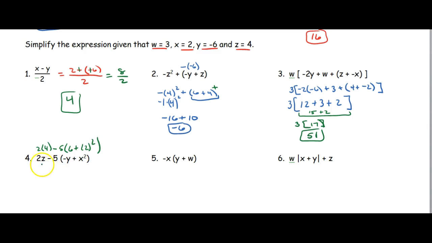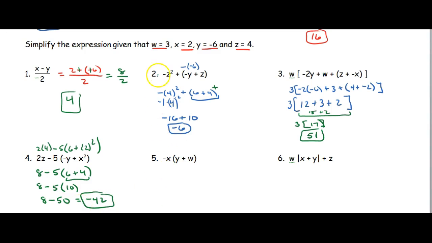But a lot of times I'll evaluate in my head, and I'll say, okay, 2 times 4 is going to give me 8, minus 5 times 6 plus 2 squared is going to give me 4. Now, 8 minus 5 times. Evaluate what's in the parentheses, which is 10. So you get 8 minus 50, which simplifies to negative 42.